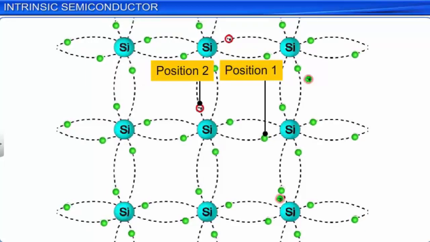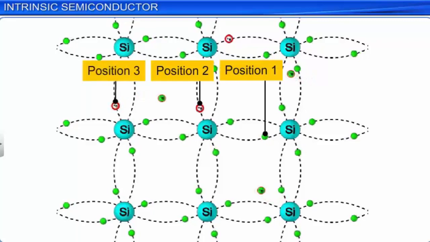Similarly, an electron from position 3 can jump to occupy the vacancy at position 2. This fills the vacancy at position 2 but creates a vacancy or a hole at position 3. As a result of such jumps of electrons across covalent bonds, the holes or vacancies appear to move across the crystal lattice of a semiconductor.